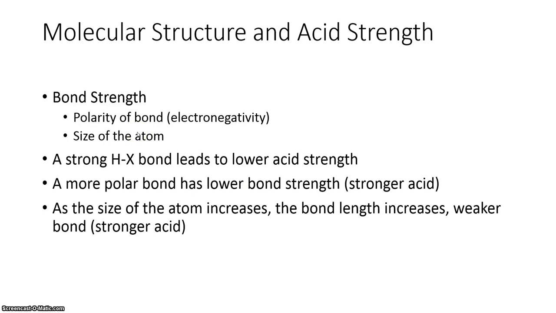Okay, in these examples, if we want to think about the acid strength, we need to consider the size of the atom. And as you recall, as we go down the group in the periodic table, the size of the atom increases, which means that the bond length increases, and that gives us a weaker bond. And when we have a weaker bond, we have a stronger acid.